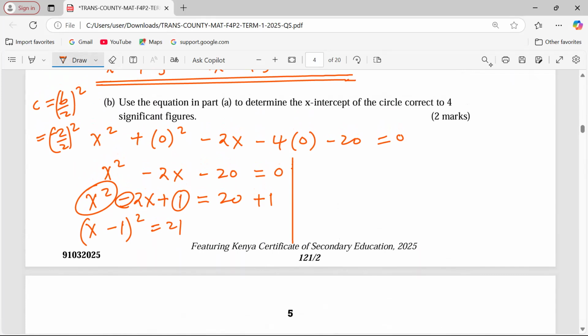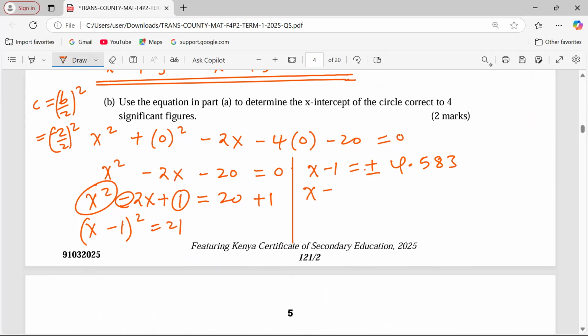When we take the square root both sides, x minus 1 equals the square root of 21, which is plus or minus. Now the square root of 21 equals 4.583 to 4 significant figures.